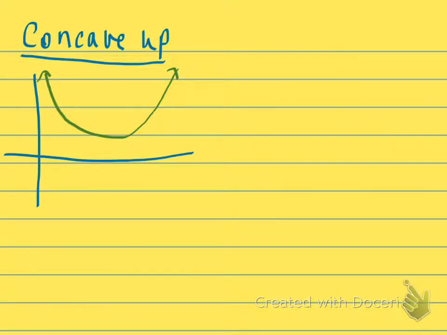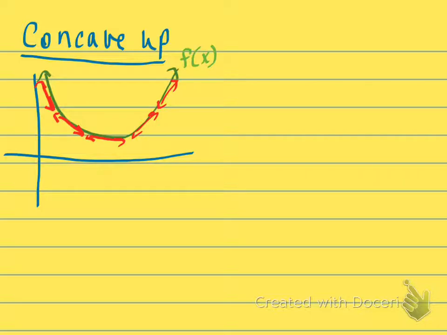Okay, so a function that looks like this is something that's called concave up. It sort of looks like a cup that's facing upwards, concave up. That's what it looks like. And notice what happens, oh, this is f of x. So notice what happens if I start drawing little tangent lines as I move from left to right. On the far left, I have a pretty big negative slope. Then I have a less negative slope.